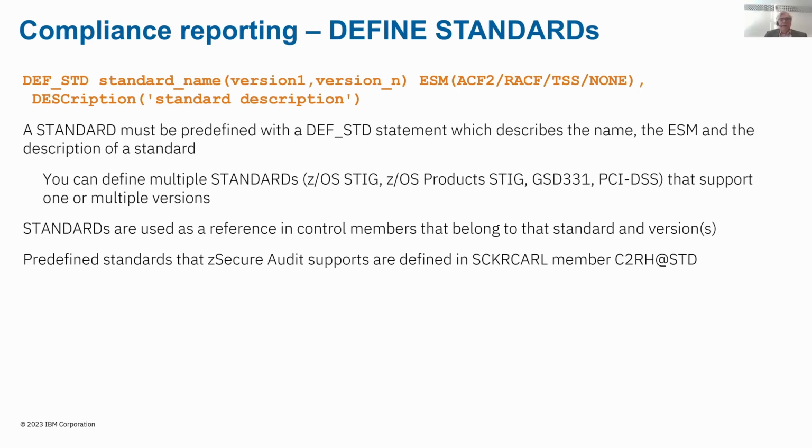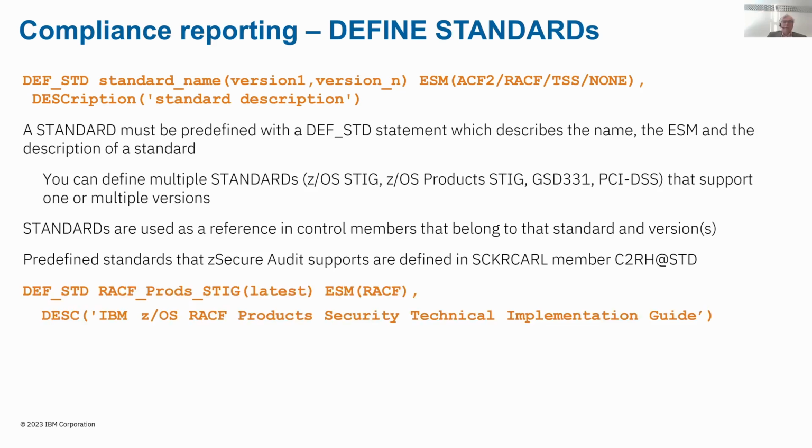There's a new member in zSecure Audit now that says which standards the Carla supports in this version of the program, and that's the @std member, zSecure Carla DD DEF. So that's a piece of Carla that has the def standard statements that we support, and that will be shown in the SPF interface.